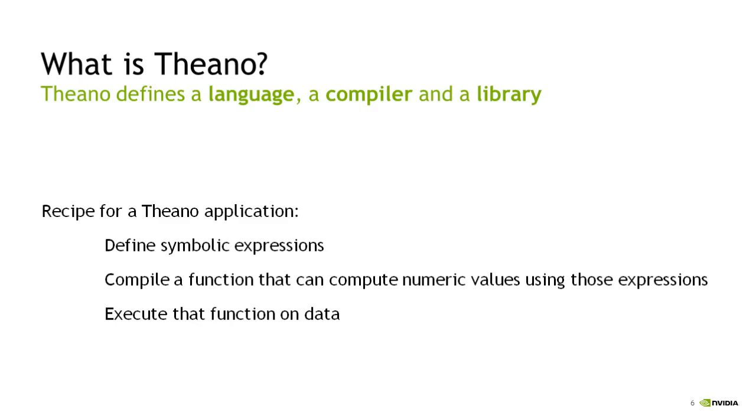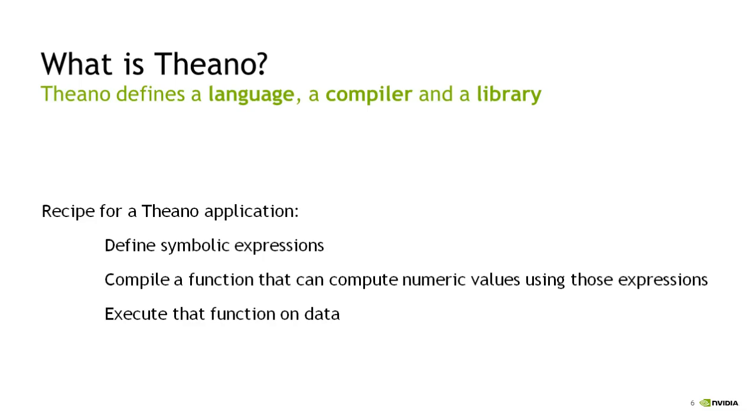In addition, Theano actually gives you three things in the Python library. There's a language, so that is a syntax for defining these symbolic variables, these symbolic expressions and functions built from those expressions. There's a compiler which will take those symbolic expressions and variables, compile them into code that can be run on the CPU or GPU.